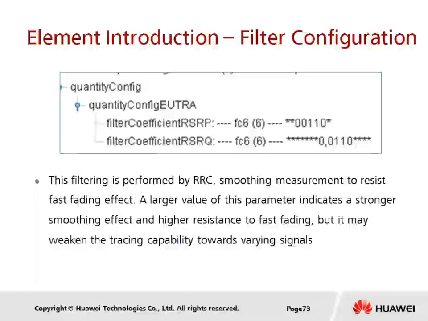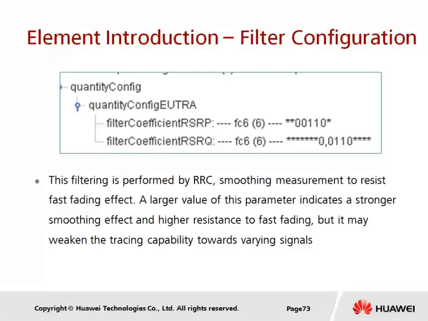So this is the filter coefficient, where the user is going to filter the measured RSRP and the measured RSRQ before sending it in the measurement report. The filter coefficient by default has the value 6.